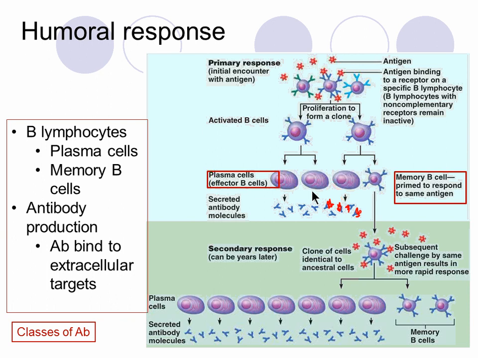Sometimes you may have had the infection and you just don't realize because you didn't come up with the disease. So these antibody molecules are secreted, they react with the antigen and form antigen-antibody complexes, and memory cells will continue to be produced. In the second response, if you have another exposure, again memory cells will be produced. Now there are different classes of antibodies, and another name for antibodies is gamma globulins.